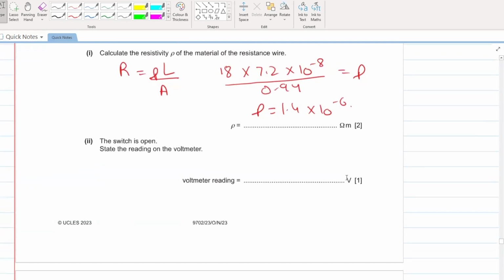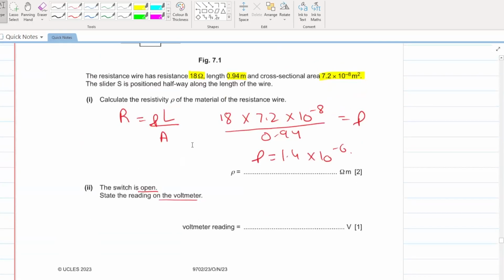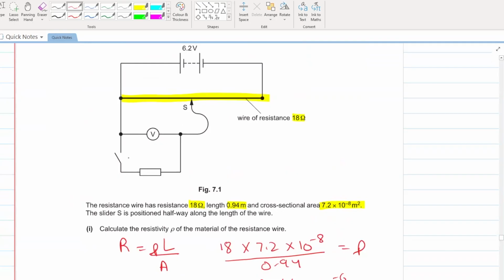Perfect. The switch is open. State the reading on the voltmeter. If the switch is open, what will be the reading on the voltmeter? If you have positioned this halfway in between, तो बेटा 0.94 meters को पूरा कितना वोल्टेज मिल रहा था? 6.2 volts.